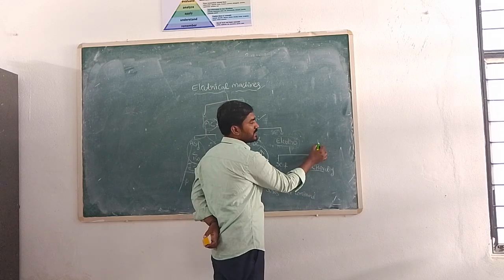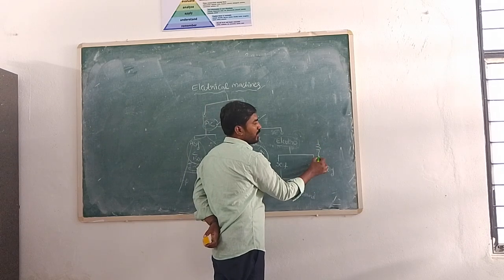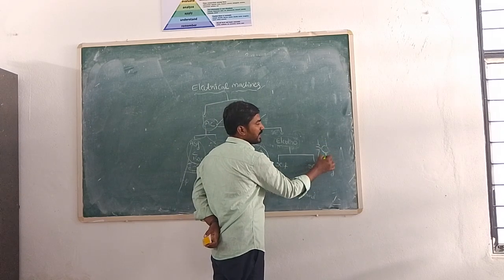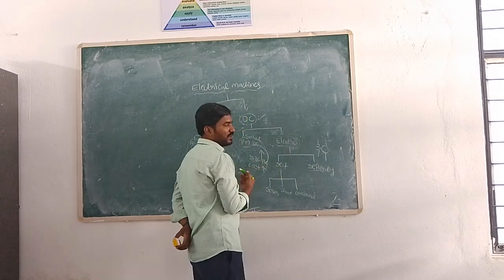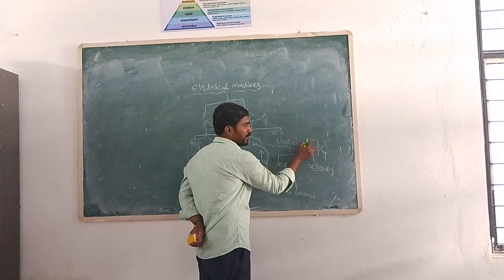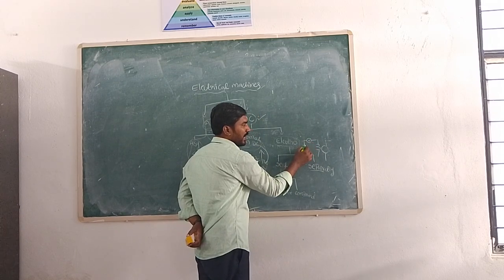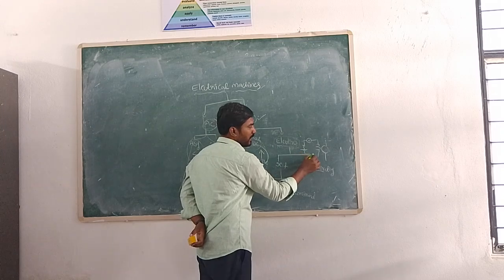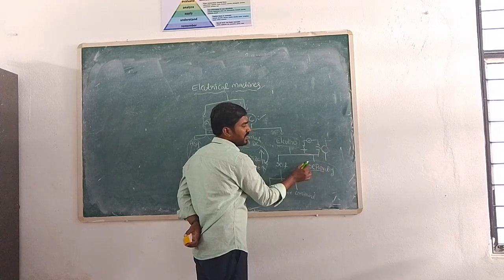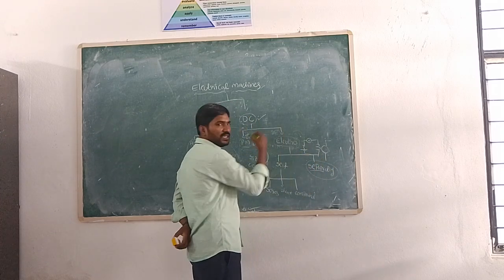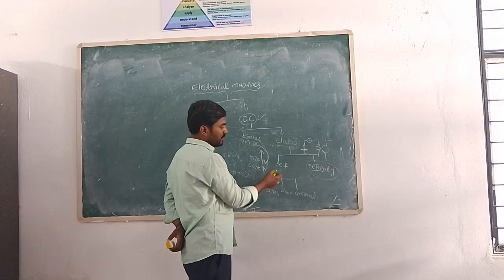Any DC machine consists of two parts: one is the field winding, the second one is the armature winding. If the field winding is separately excited by means of an external source, such machines are called separately excited DC machines. And the second one, self-excited.